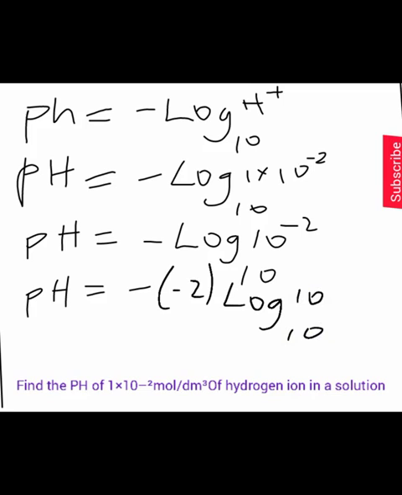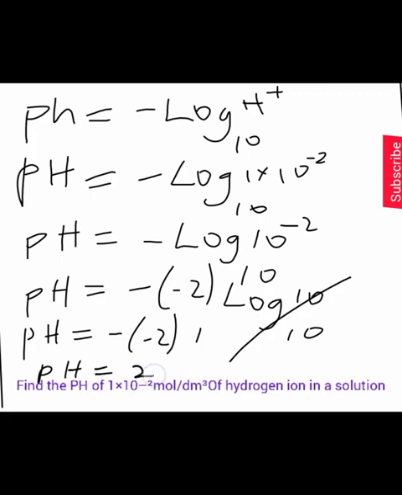And log of 10 to base 10 is 1. So pH equals minus times minus 2 times 1, which is equal to 2. So that's the pH of this problem.